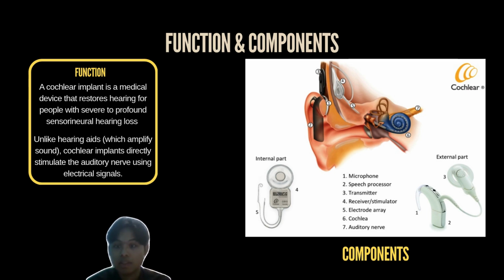As for the components, we have 7. The first one is the microphone, the second is the speech processor, the third is the transmitter, the fourth is the receiver or stimulator, the fifth is the electrode array, the sixth is the cochlea, and the seventh is the auditory nerve.